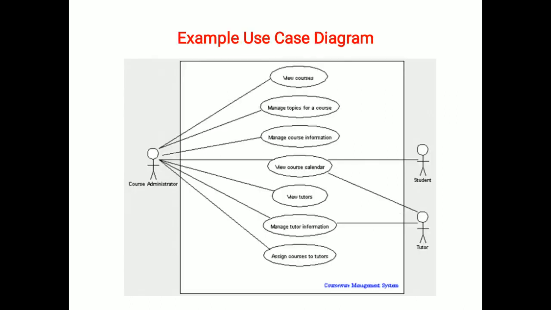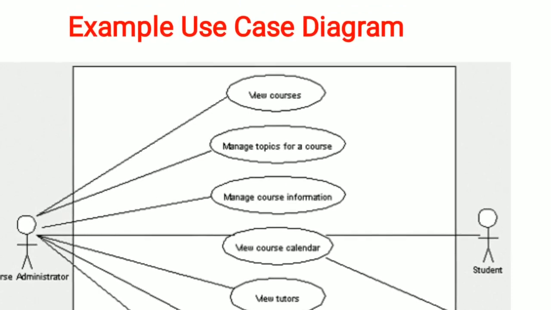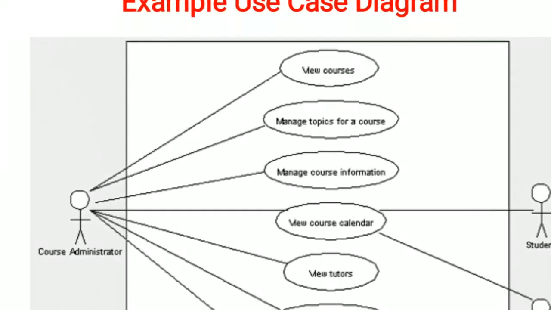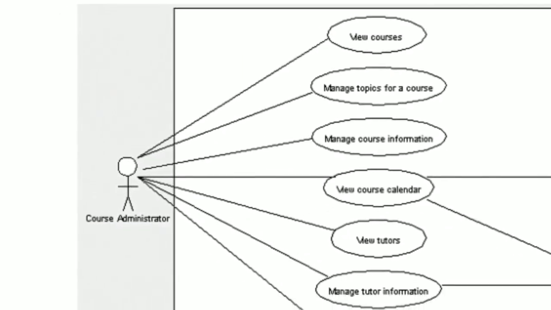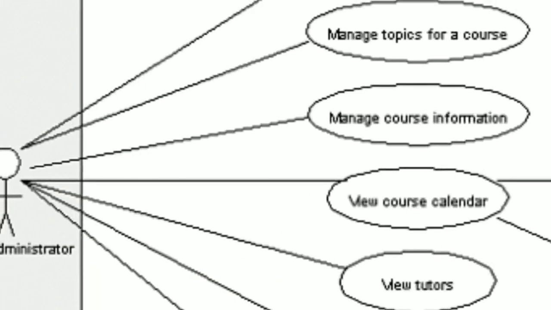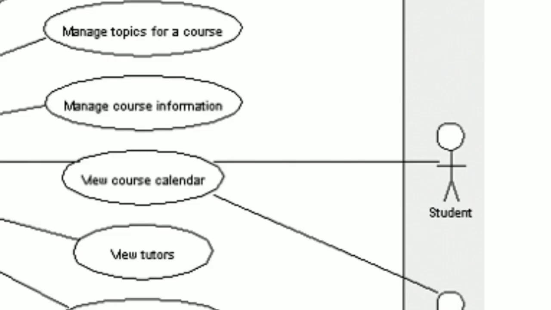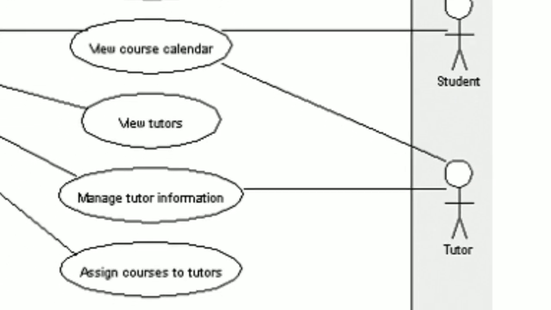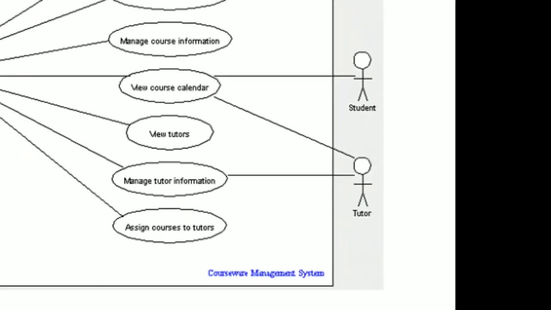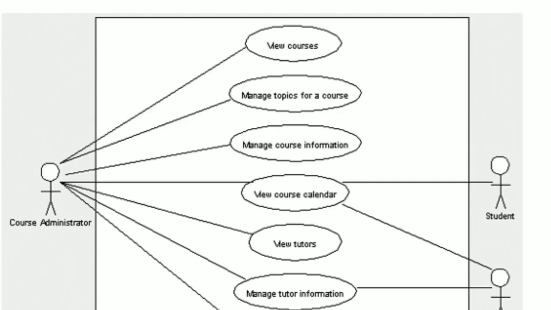Now see, you can see here a simple use case diagram. Here, on the left side, this is your actor, course administrator, and on another side, here also student is one of the actors and your tutor is one of the actors. Now what happens here, you will see, first of all, view courses.